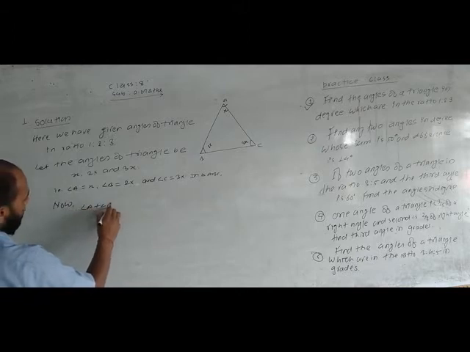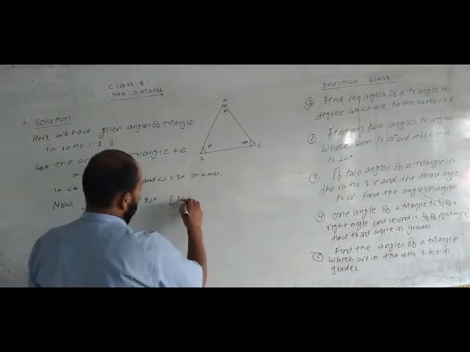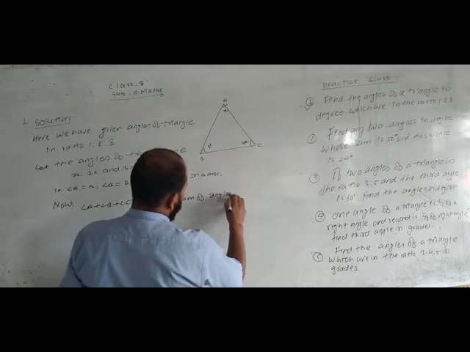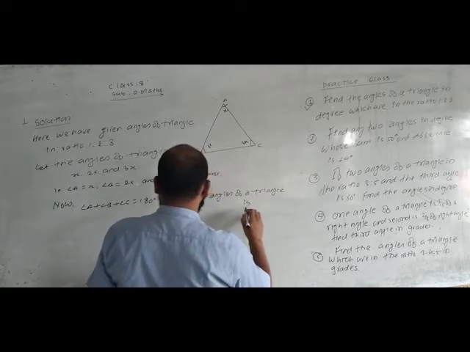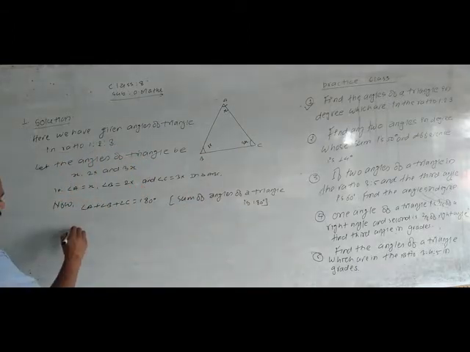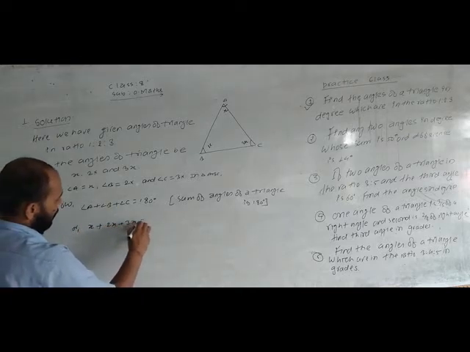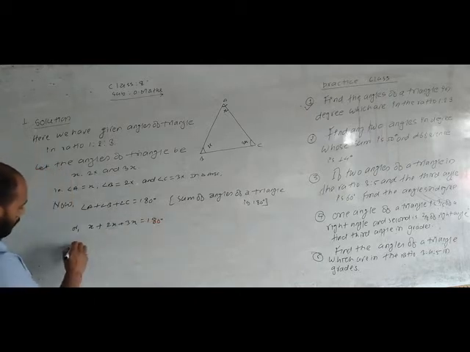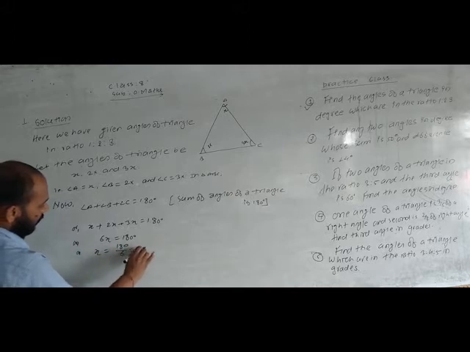Angle A plus angle B plus angle C is equal to what? The sum of the angles of a triangle is 180 degrees. So x plus 2x plus 3x is equal to 180 degrees. Adding, we have 6x equal to 180 degrees, x is equal to 180 by 6. Therefore, x is equal to 30 degrees.